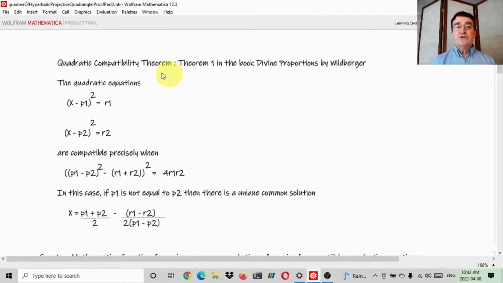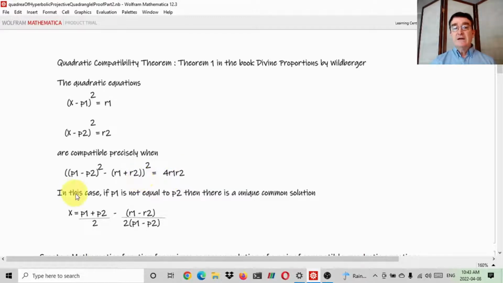In part 1, we made use of the quadratic compatibility theorem, which is theorem 1 in the book Divine Proportions by Norman Wildberger. That theorem stated that the two quadratic equations x minus p1 squared equals r1 and x minus p2 squared equals r2 are compatible precisely when p1 minus p2 squared minus r1 plus r2, all of this squared is equal to 4 times r1 times r2.